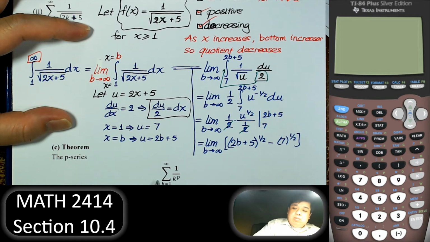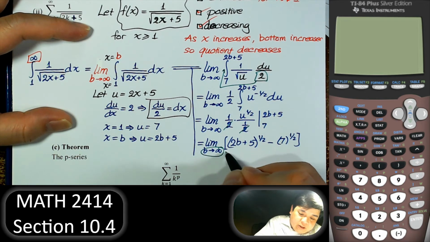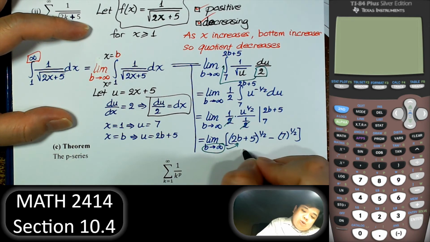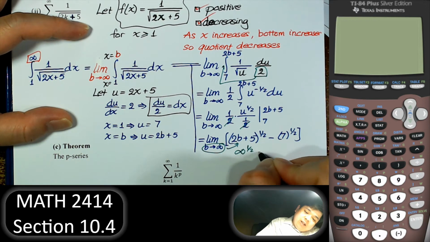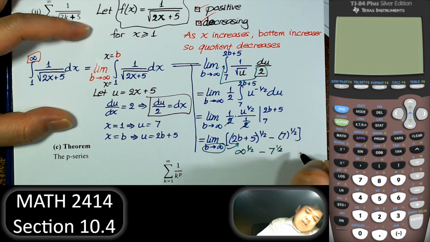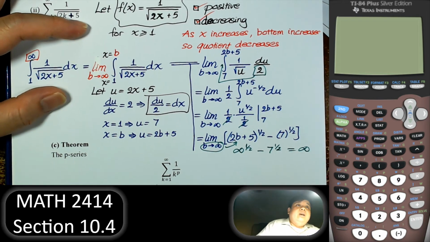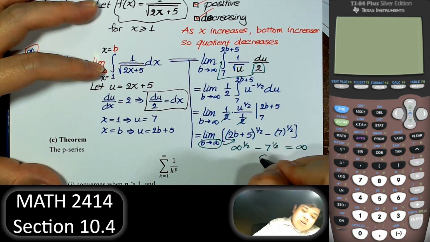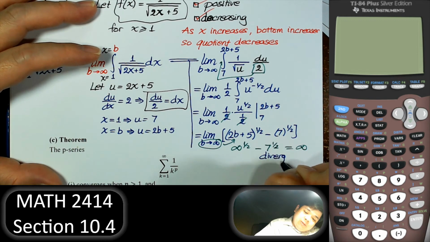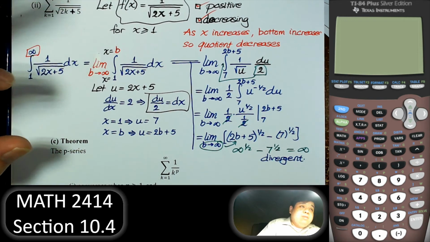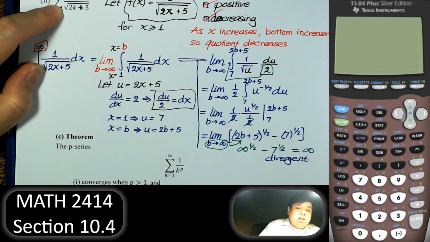Now, since we go to infinity, the first term to the 1/2 minus 7 to the 1/2, because it's infinity. If it is infinity, this is divergent. Now, if the integral is divergent, the series is divergent.